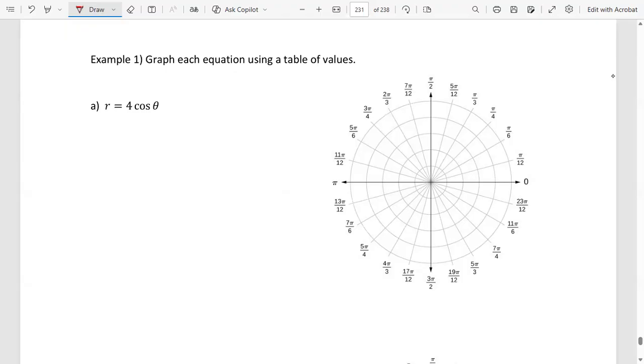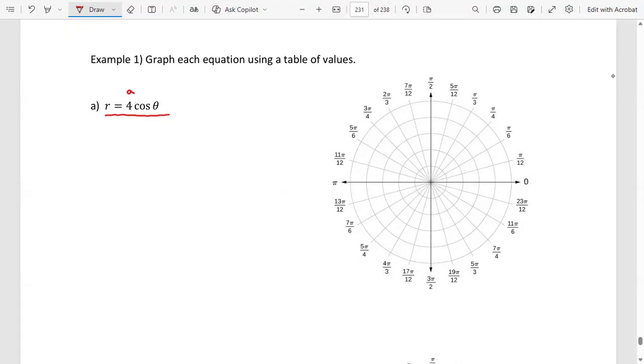But first of all, let's look at the equation. The equation is r equals 4 cosine theta, which means a is 4. When a is 4 and I have a cosine theta, I know that the graph of this equation is a circle. Since we have a cosine, the circle is on the x-axis, and the diameter of the circle is 4.